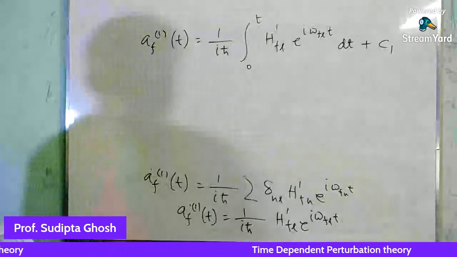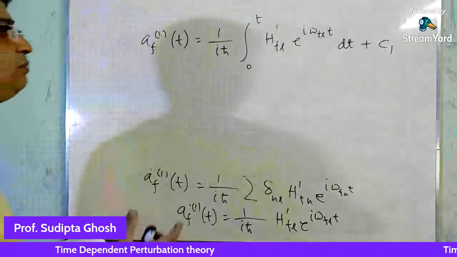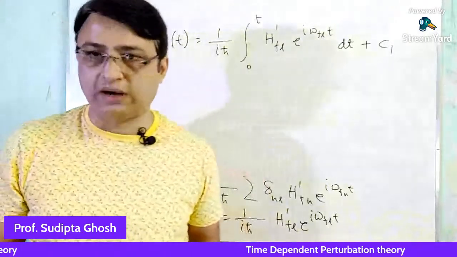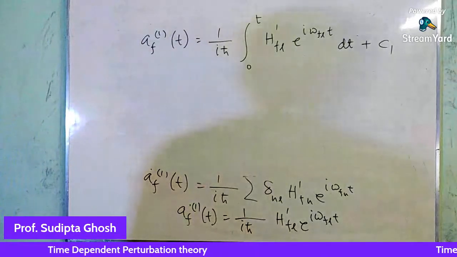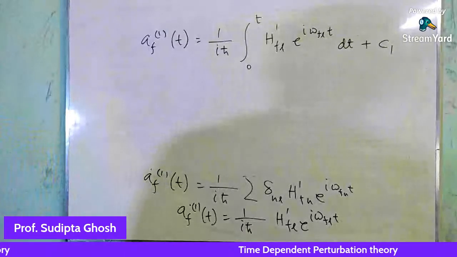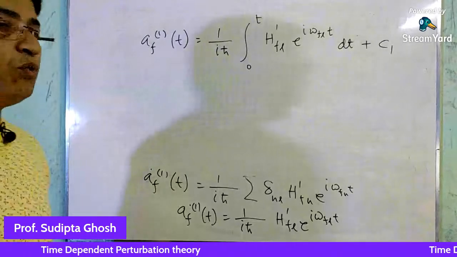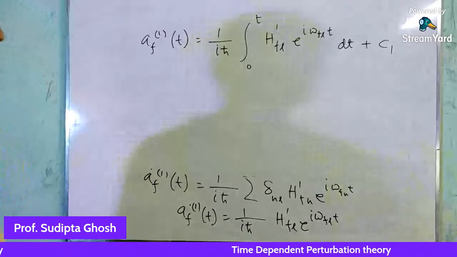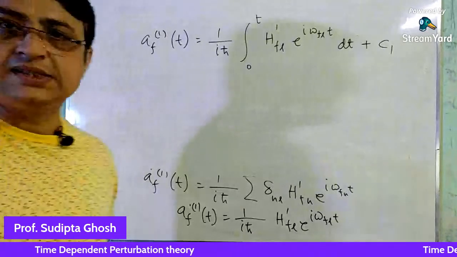So a_f1(t) can be written as, now we have to find out the value of this integration constant C1. Now by putting the initial condition, that is a_f1(0), at t equals 0, we find that a_f1(0) is actually equal to 0, as there will be no perturbation when time t equals 0, as I have discussed earlier.